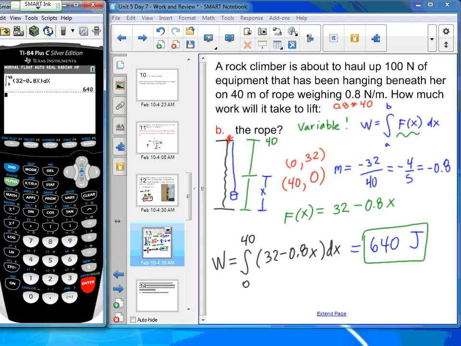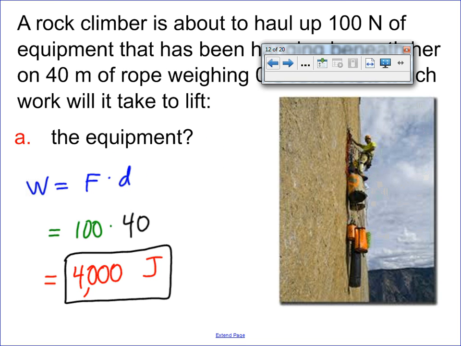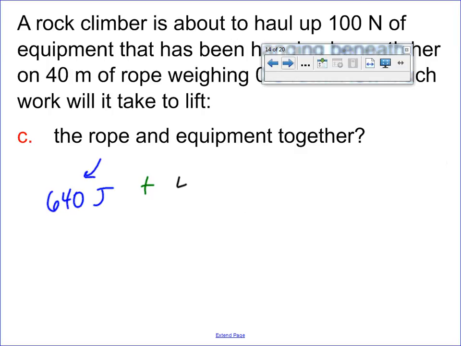So put it all together, and what do we have? We've got the rope and the equipment. We just saw the rope required 640 joules, plus our equipment. Was that the 4,000? Hey, nice.